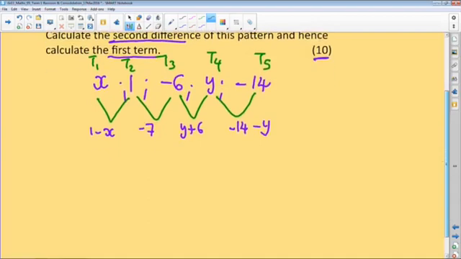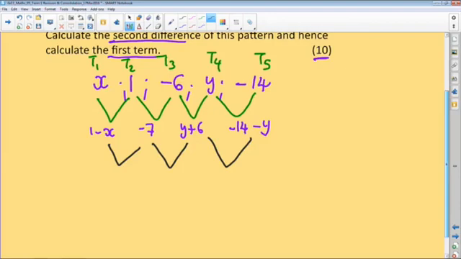Now, to work out the second difference, we do the same. So this 1 minus x serves as term 1 of the first difference, then minus 7, y plus 6, and so on. How do we work out the difference here? You get minus 7 minus bracket 1 minus x.